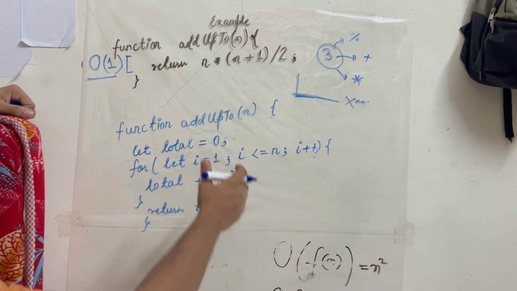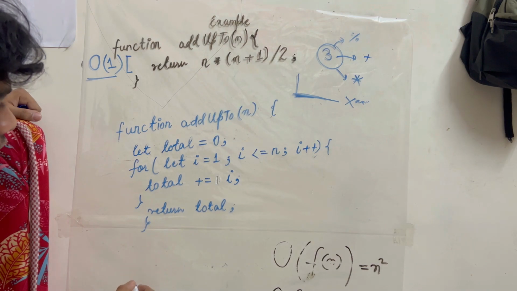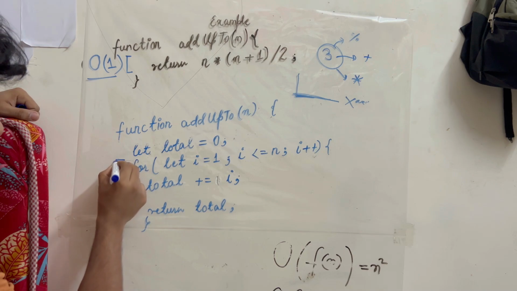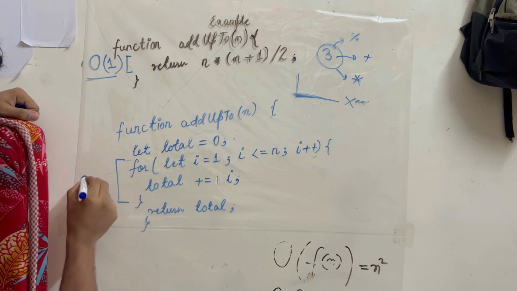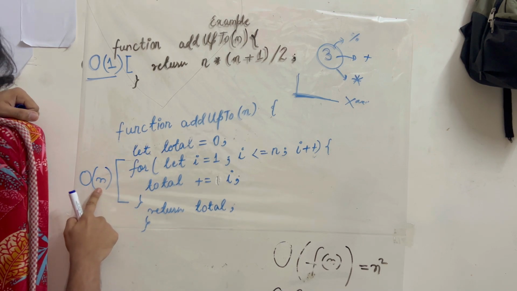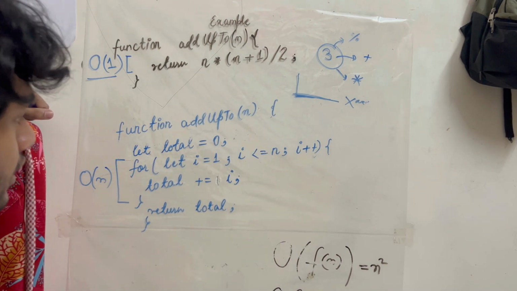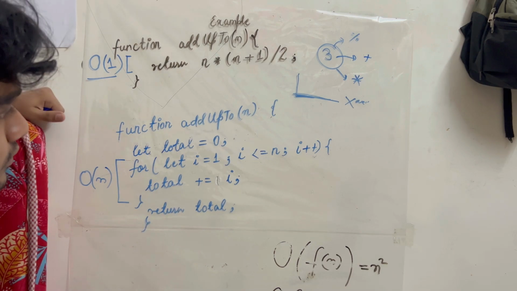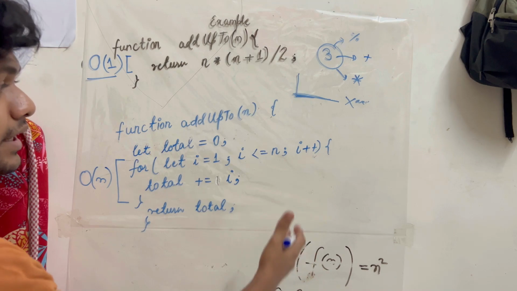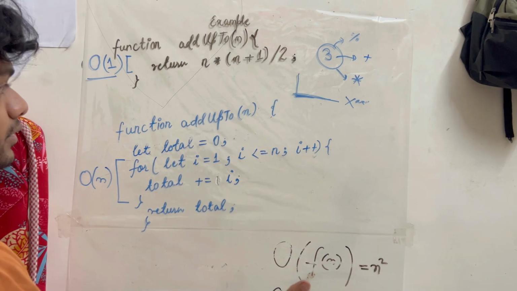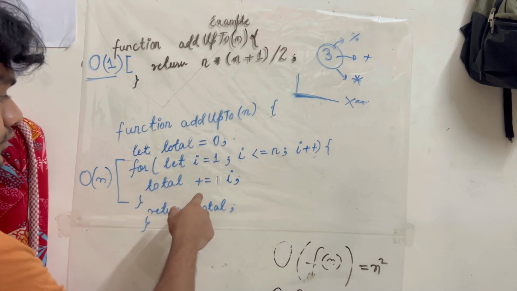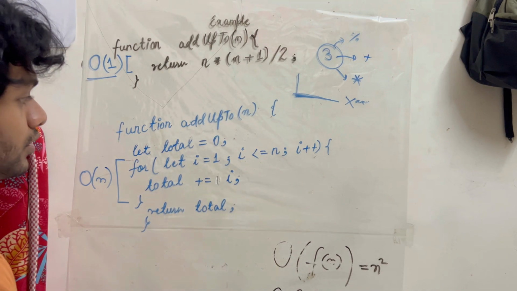So for this entire function, the deciding factor, which was the for loop from here to here, was O of n, right? How? We figured out that 5n operations were done, including one assignment operation of i equals 1 here.